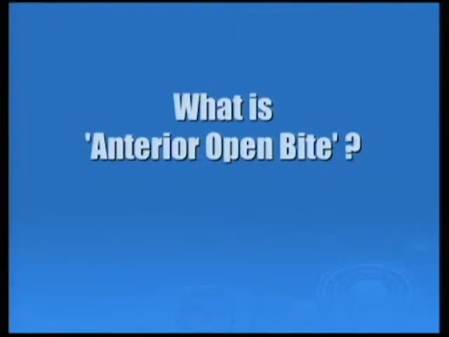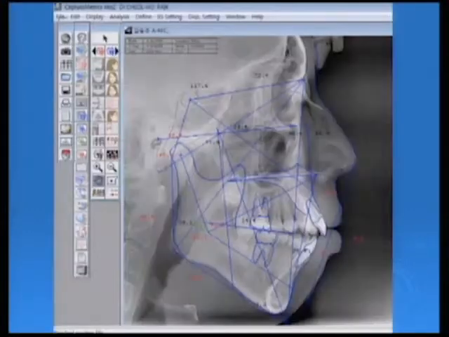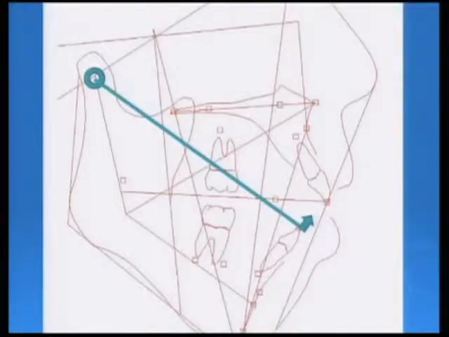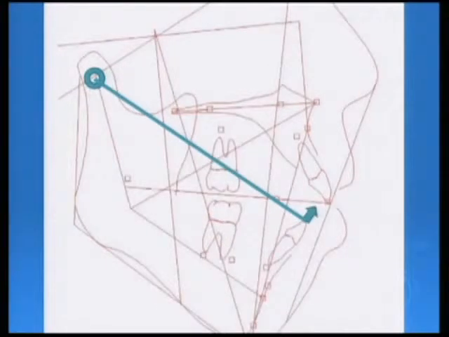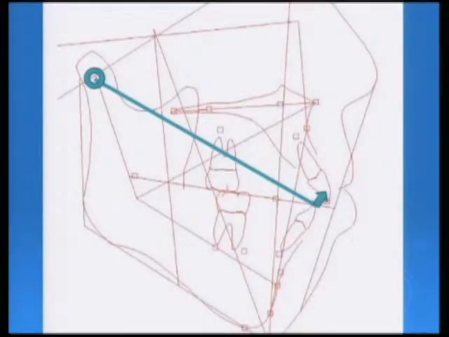I'd like to start with the question, what is anterior open bite? I would like to simulate anterior open bite. As the mandible closes along the hinge axis, if the molars occlude first and there is no contact in the anteriors, that is anterior open bite.